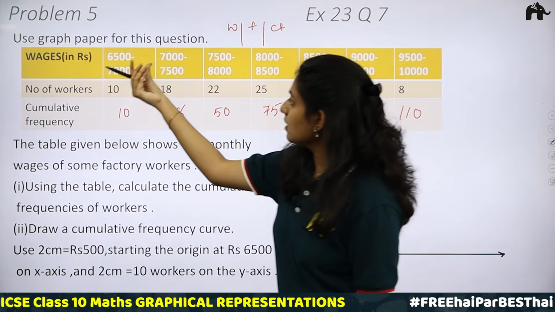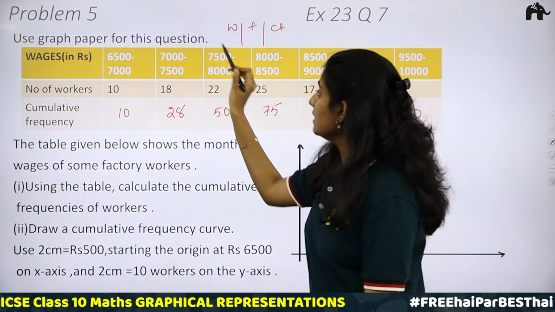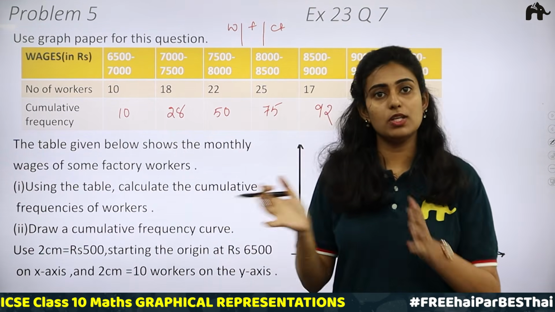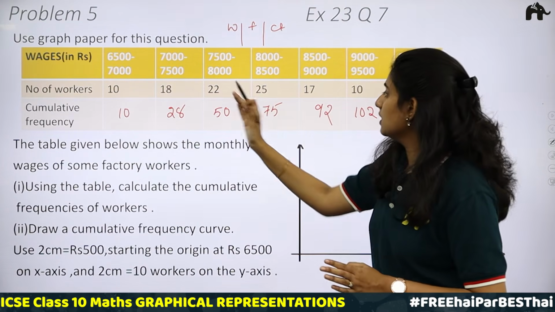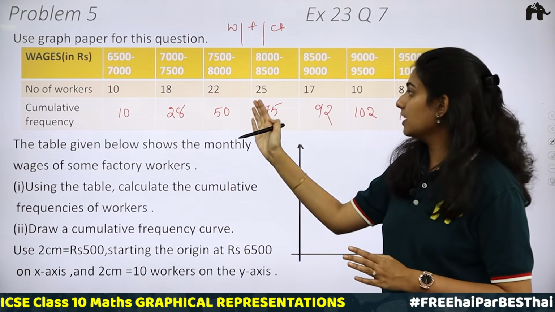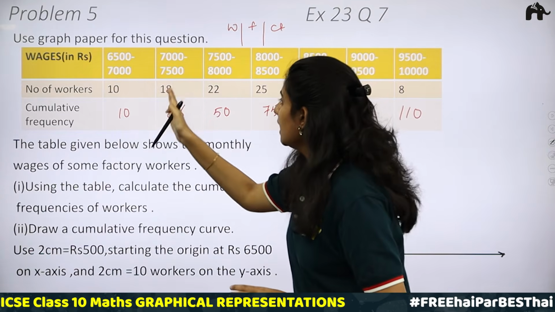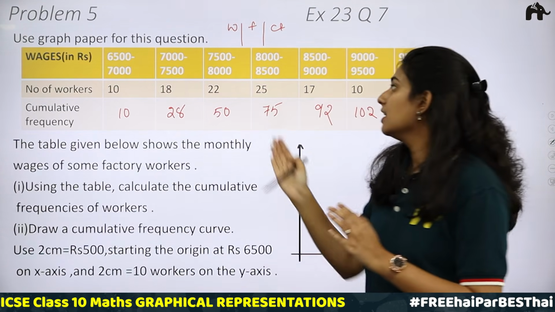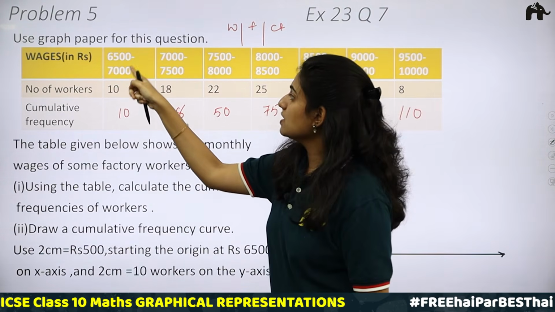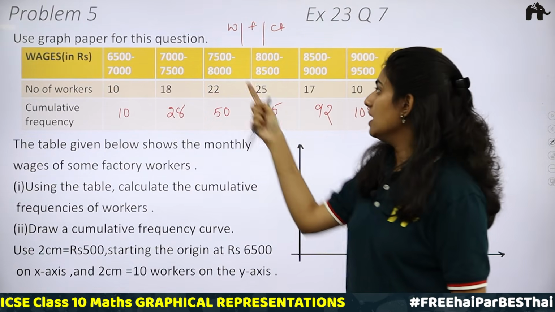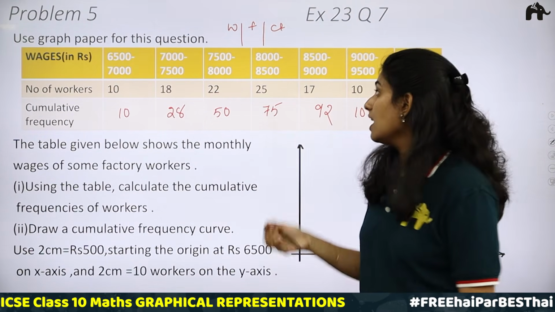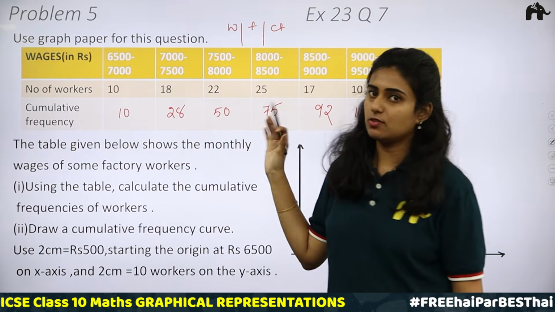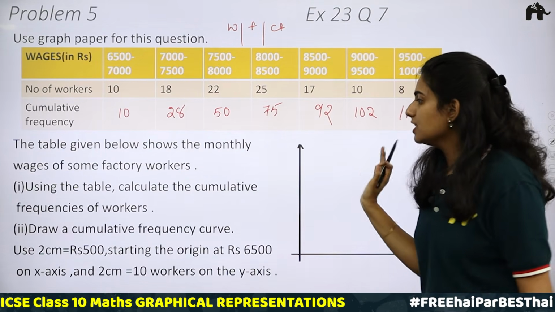That is, between 6,500 and 7,000 and 7,000 and 7,500 will be included in this. Now, when it comes to the third one, how do we get 50? We get 50 by adding 10, 18 and 22. That is the workers between 6,500 to 7,000, 7,000 to 7,500 and 7,500 to 8,000 will be included here. Okay, so the first step is complete.